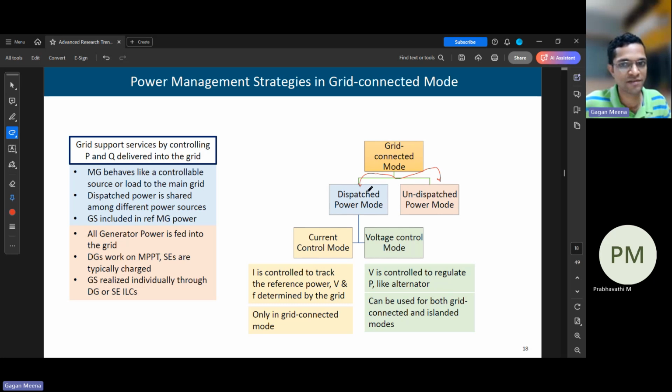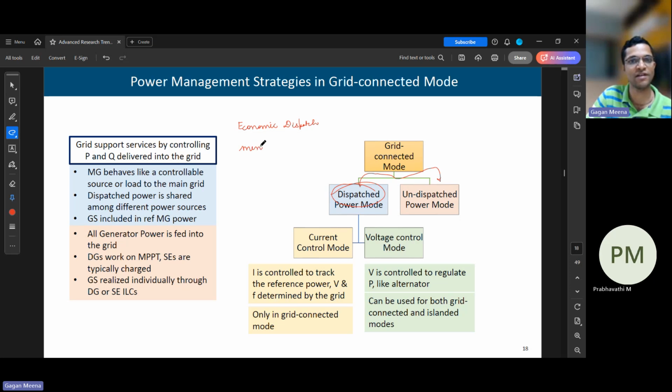Dispatched power mode means we can schedule, we can decide how much the DG will generate. That's why we use economic dispatch for conventional generators, right? We dispatch the generators to minimize the cost.